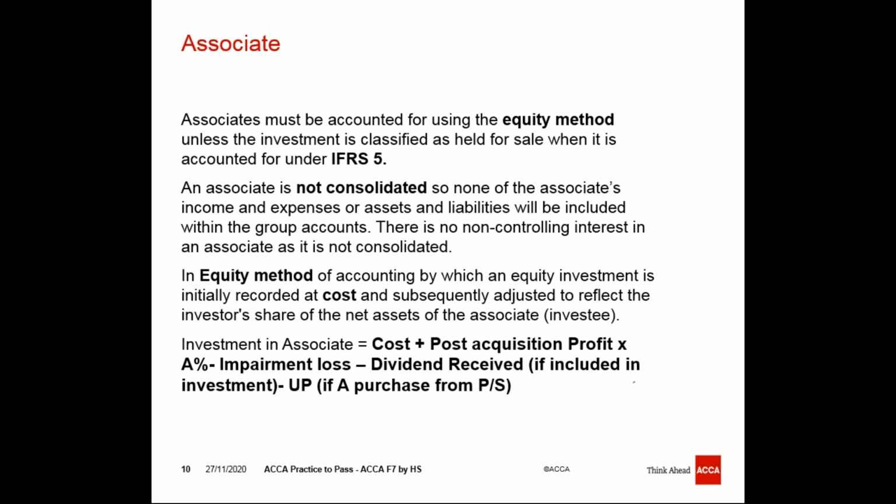So there is a single line adjustment of the associate company. You can see at the bottom of the slide that investment in associate will be measured at cost of the investment plus the share of the post-acquisition profit minus impairment loss minus dividend received if it is included in the investment, and minus unrealized profit only if the associate purchased from the parent or subsidiary. So these are the basic requirements for the associate company.